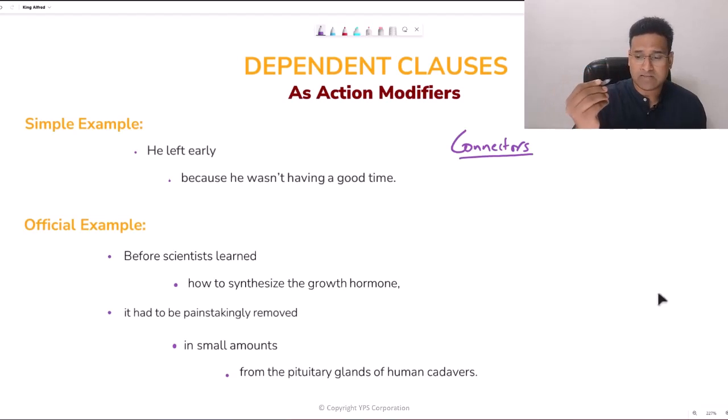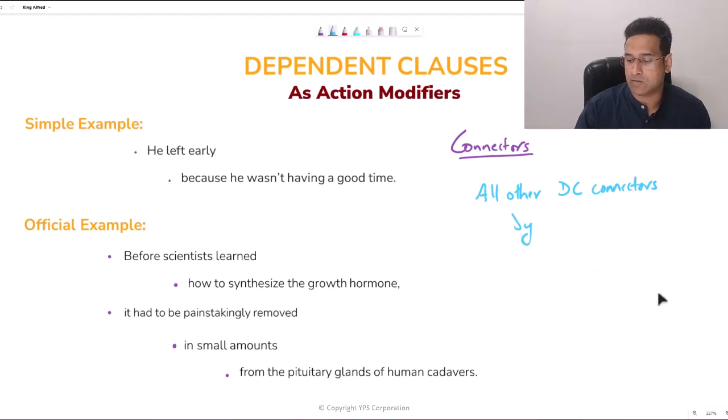Well, in simplest words, again, we're going to use the principle of exclusion, and the answer is all other dependent clause connectors, DC connectors, by exclusion. Okay, other than what? Other than the ones that we just saw, the 10 that make noun modifiers. All right, let's move ahead.